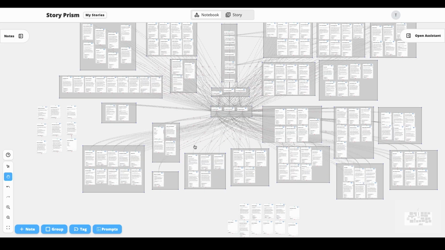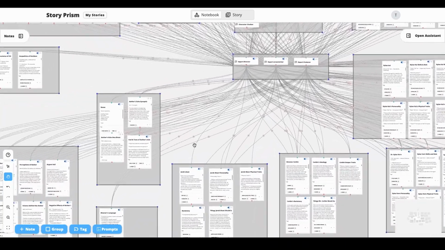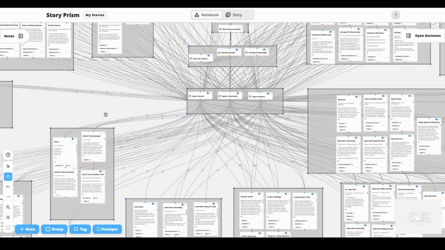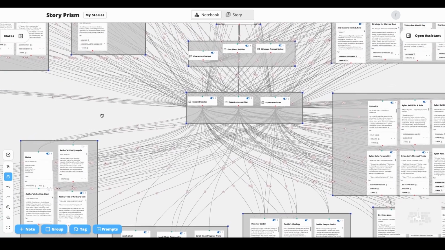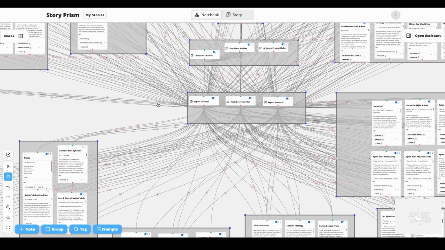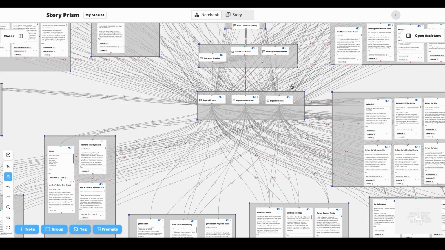So the way I set this up is, in the center, I use the pre-made prompts: the expert director, the screenwriter, and the producer. This is essentially the main hub where everything is connected. That means that anytime this AI is scanning the notes and giving an output, it's filtering its answers through the expert producer, the screenwriter, and the director, so that it's always focused on those areas.